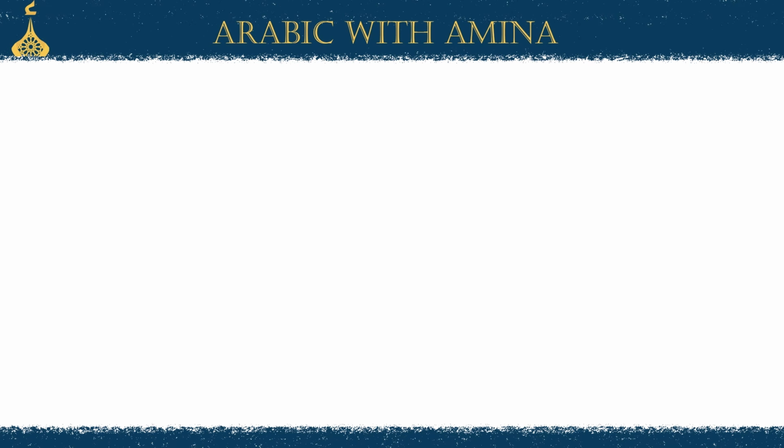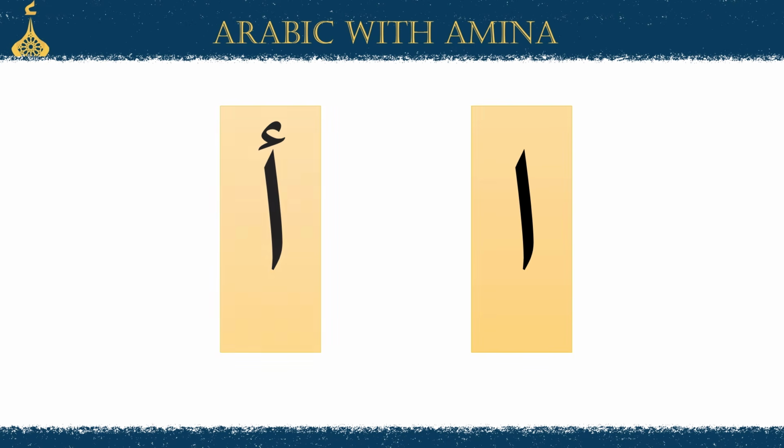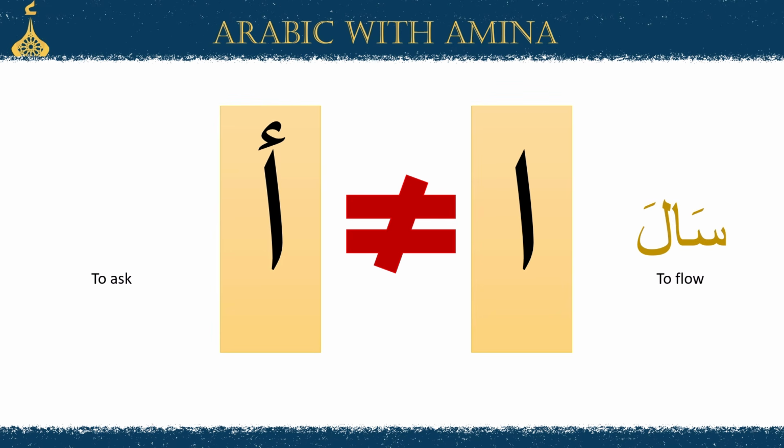There's one important distinction worth knowing before we go further. There's a difference between the letter alif and alif with a hamza. They are not equal. The hamza is a strong letter, not a weak one. So, for example, the verb to flow, sal, uses alif.